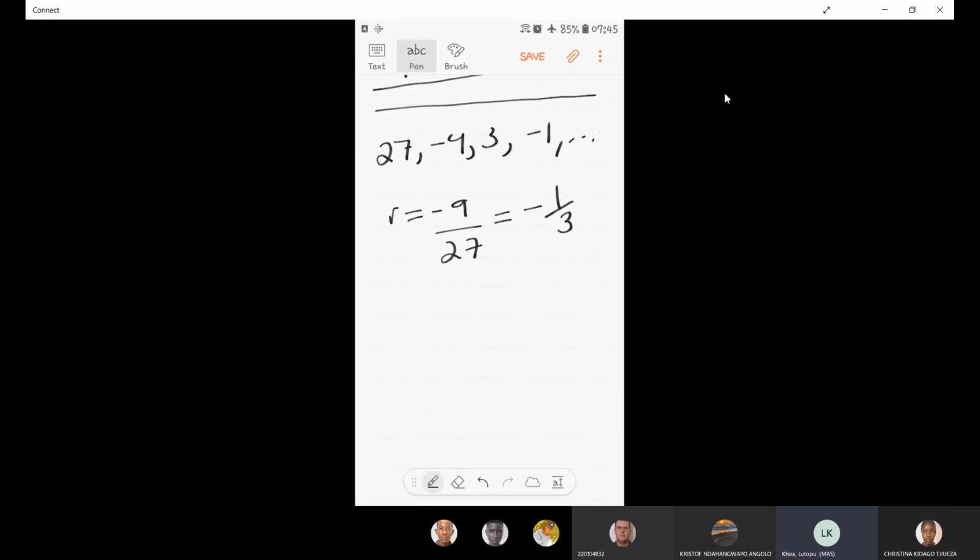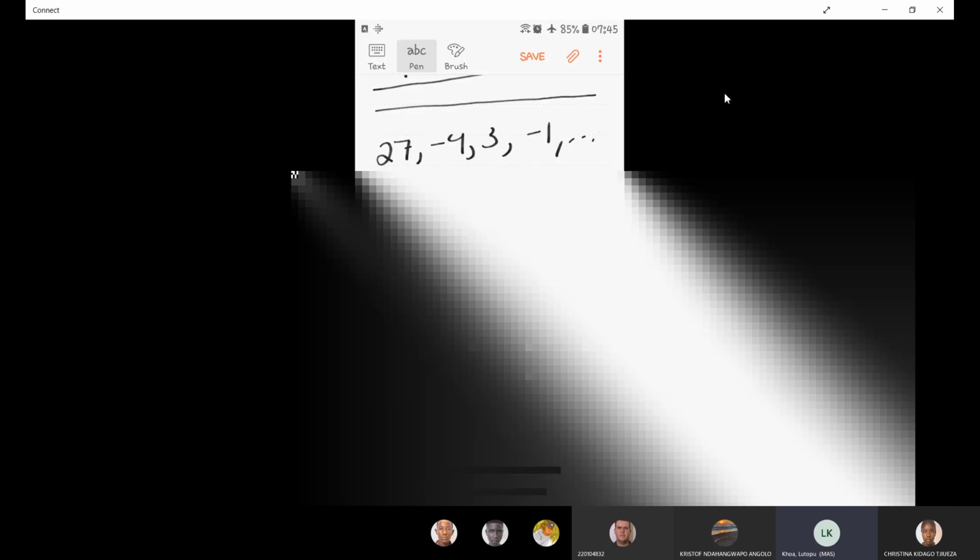Now that you have your r, you can take its absolute value. The absolute value of -1/3 is just equal to 1/3. 1/3 is less than 1, so this passes the test. That is what you need in order for the sequence to have a sum to infinity.